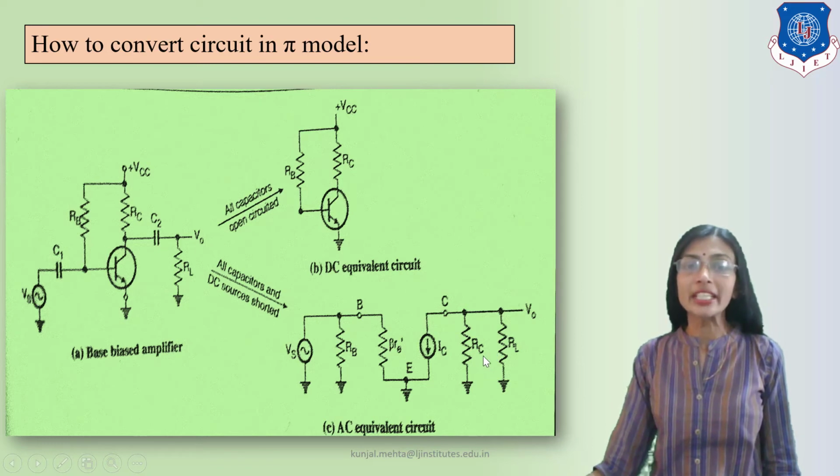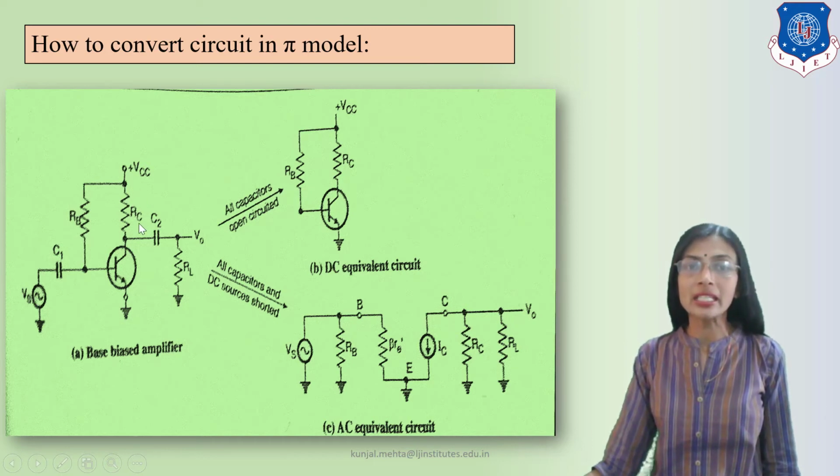In the input section, which resistances must be drawn? Only the base ones. So RB is drawn here, in parallel to beta r e dash, and the input signal is applied at the circuit, so it should be drawn here. So all parameters are covered on the input side. Similarly, on the output side, which are the two main resistances?